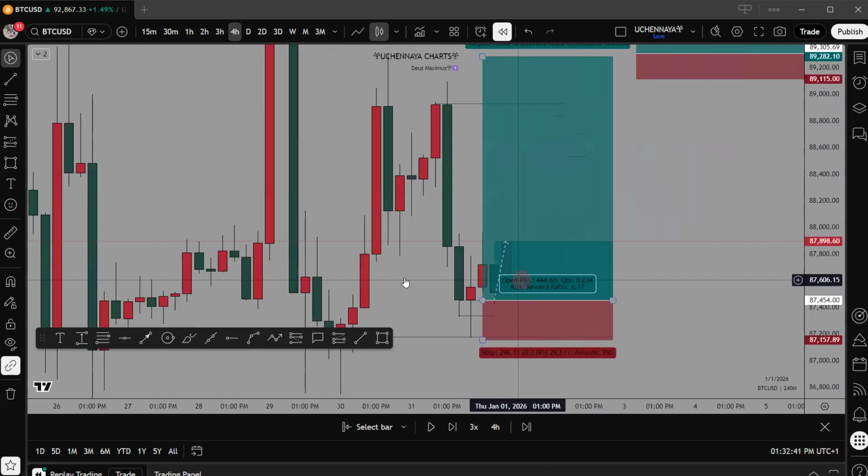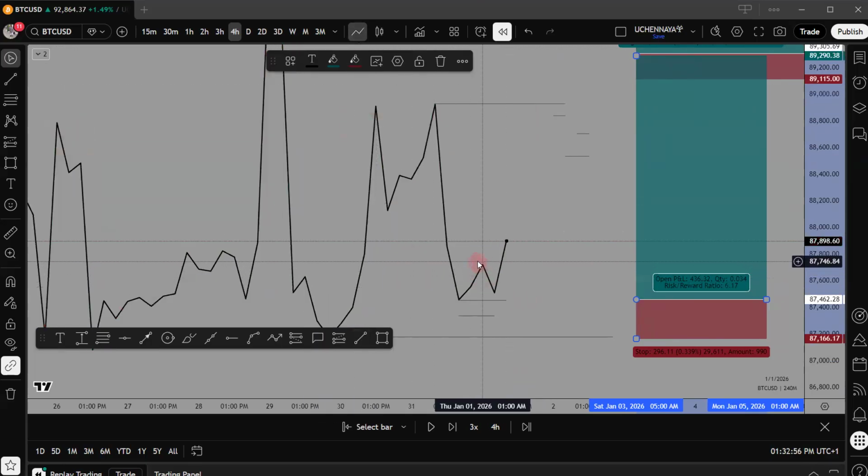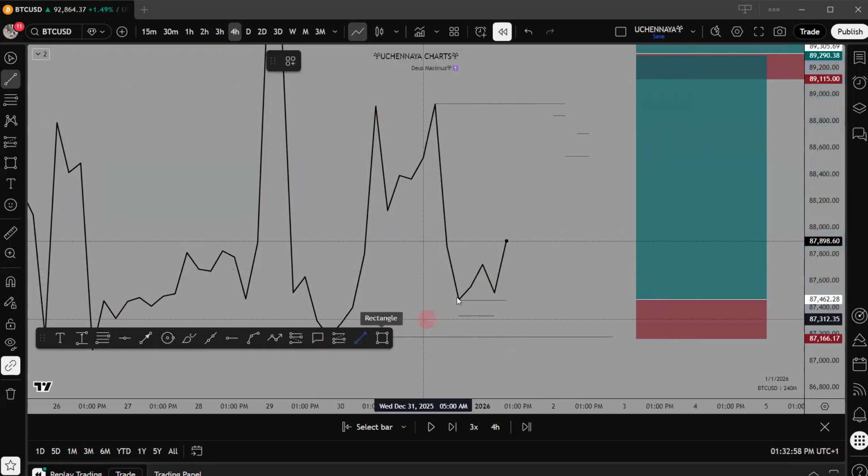Now, this becomes your H4 breakout. Let me take this out. You can call this your breakout. It is H4 structure on its own.